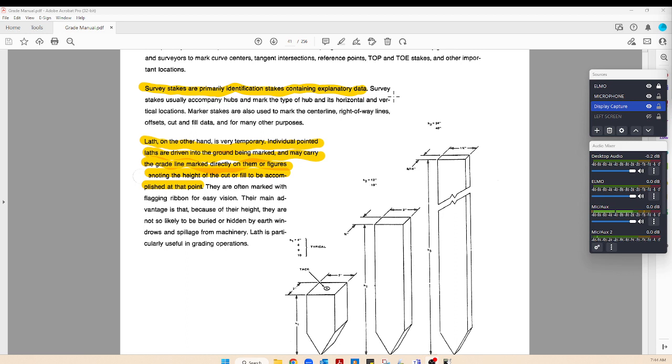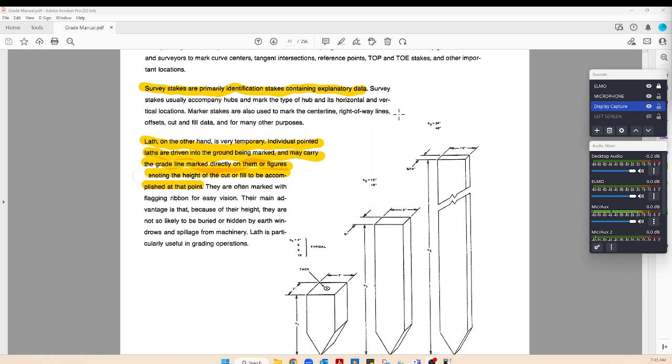Survey stakes usually accompany hubs and mark the type of hub and its horizontal and vertical locations relative to the job site or to the top of the hub. Marker stakes are also used to mark the center line.